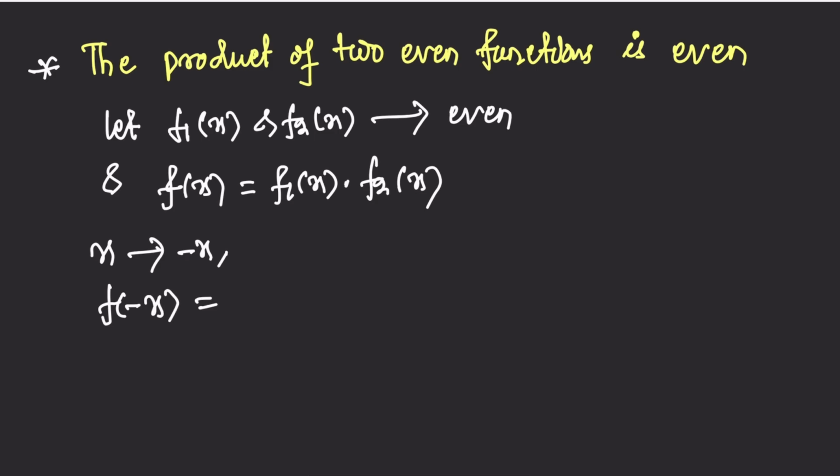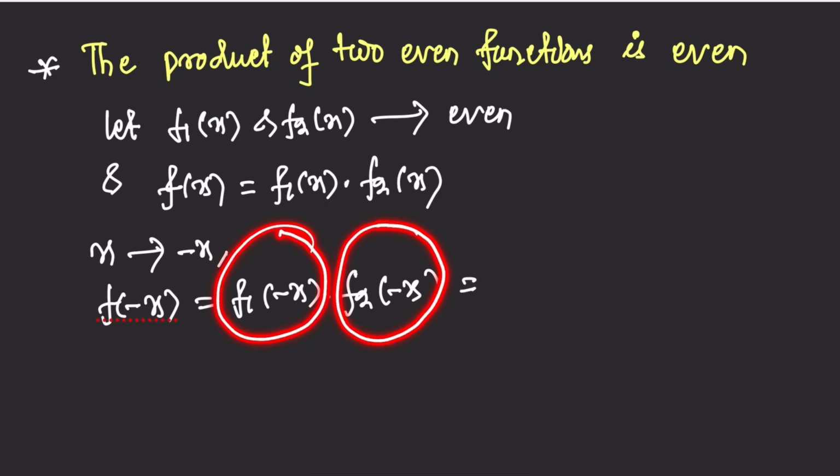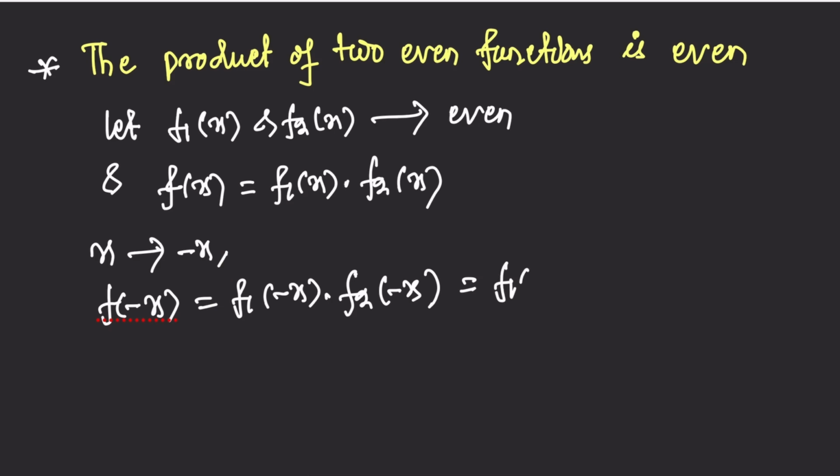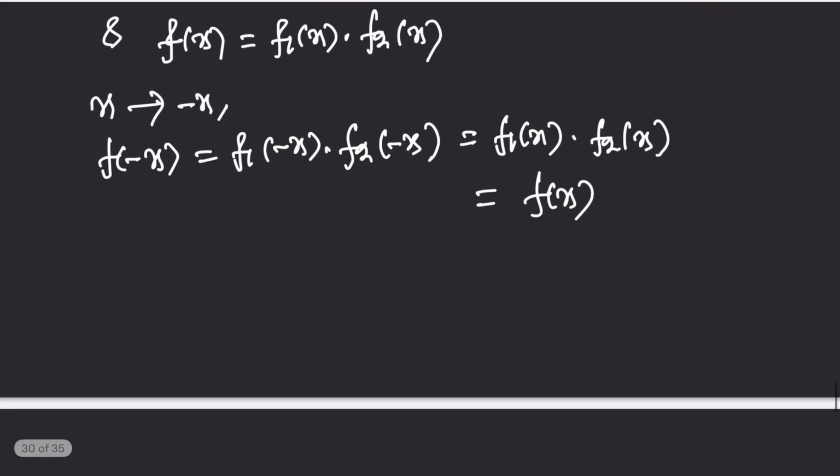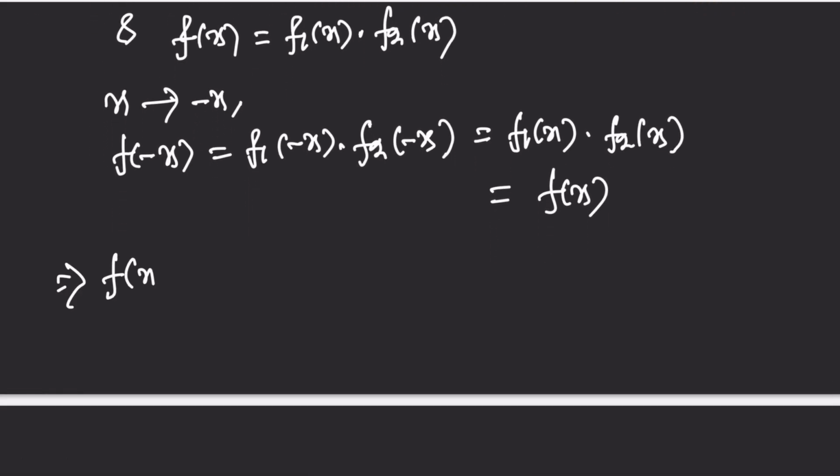We get, as f1x and f2x are even functions, f1x into f2x, which is f of x. Hence f of x is even. So the product of two even functions is even.